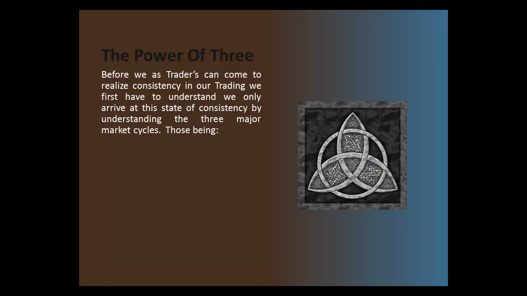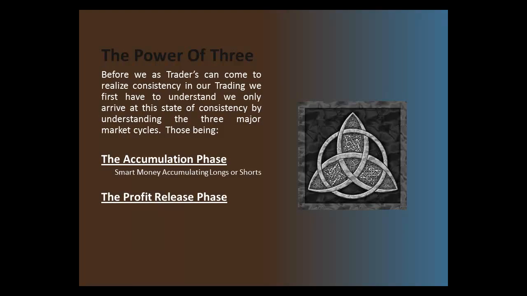understand we only arrive at this state of consistency by understanding the 3 major market cycles. Those being the accumulation phase. Now, the accumulation phase is when smart money is accumulating longs and shorts. Second phase is the profit release phase.